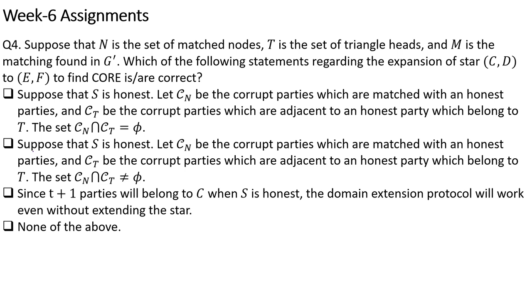Coming to the next question. Suppose that N is the set of matched nodes, T is the set of triangle heads, and M is the matching found in G prime. G prime is nothing but the complement graph.